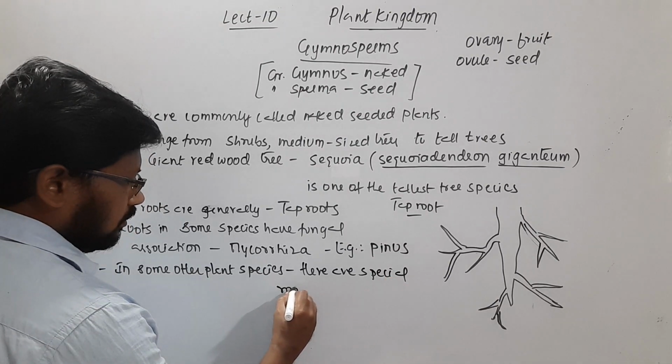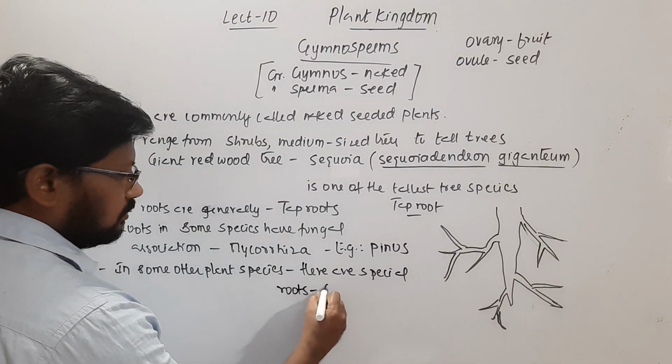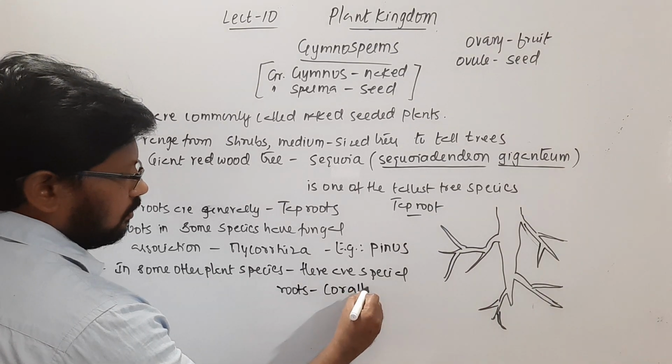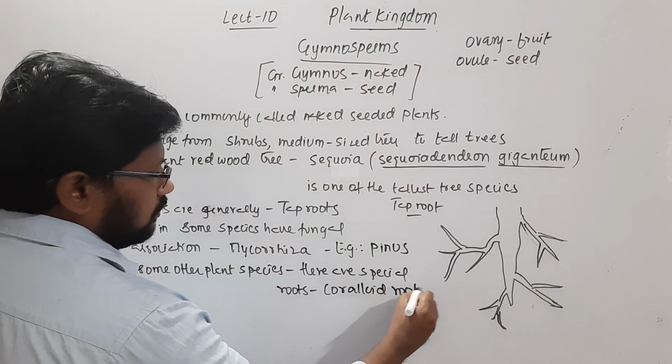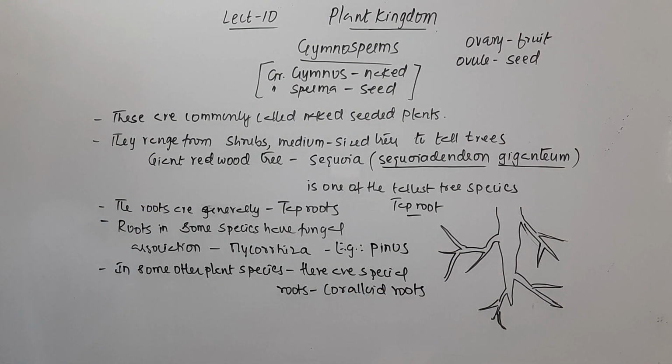They have special roots called coralloid roots, and these coralloid roots are associated with nitrogen fixing cyanobacteria.